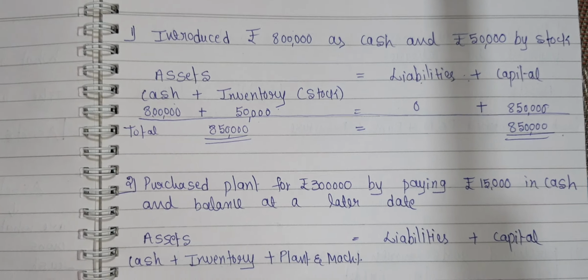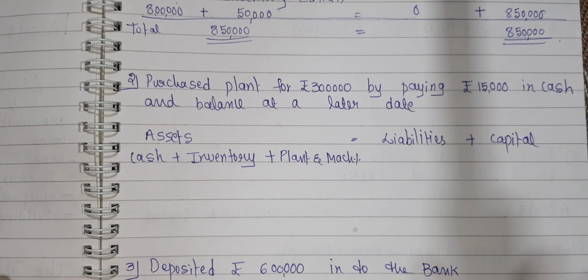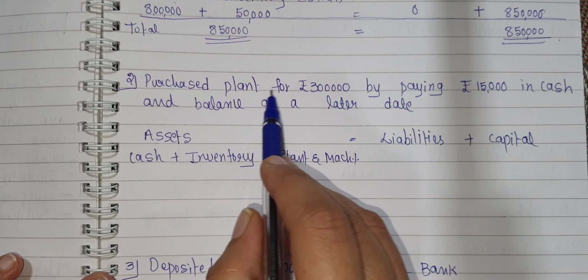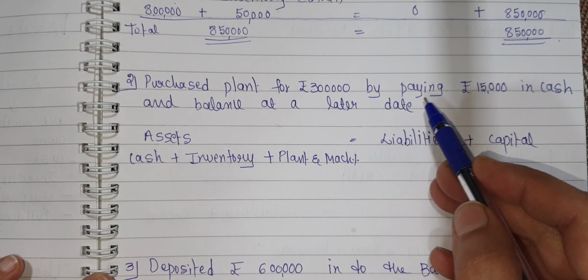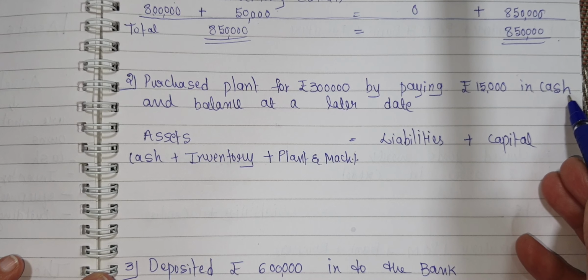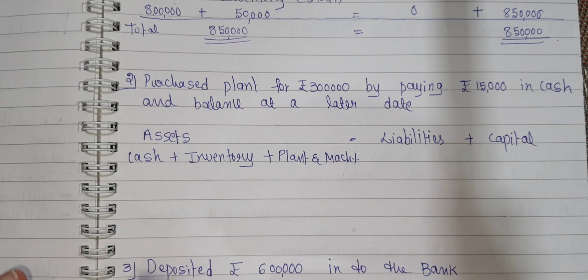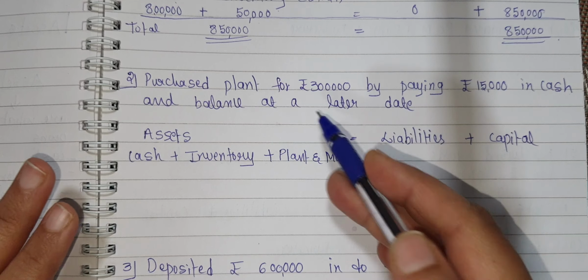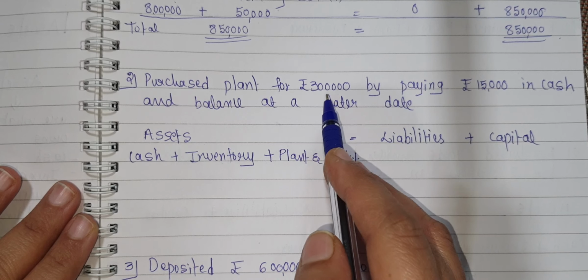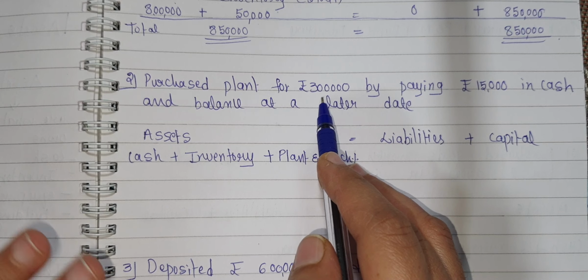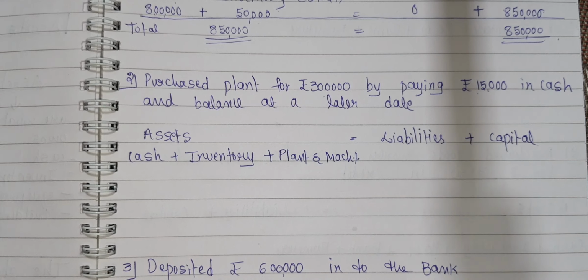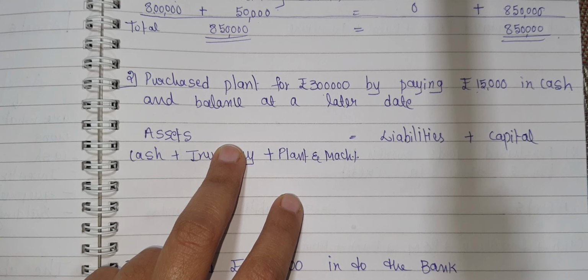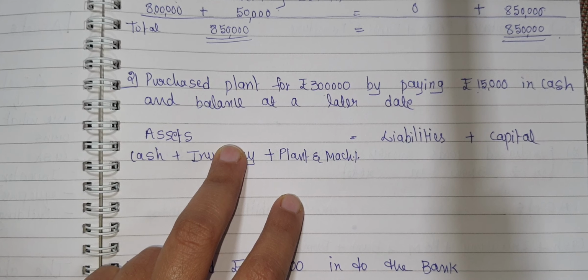Now we will move to the next transaction: purchased plant for rupees 3 lakh by paying rupees 15,000 in cash and the balance at a later date. They purchased the plant for rupees 3 lakh and paid only rupees 15,000.